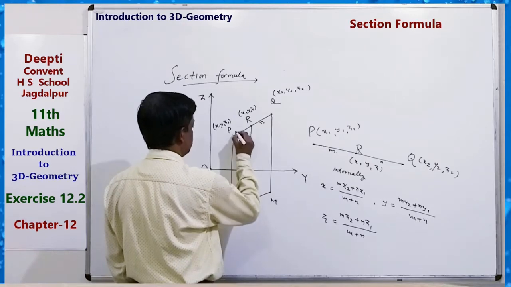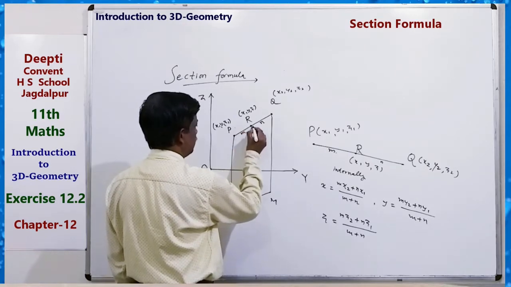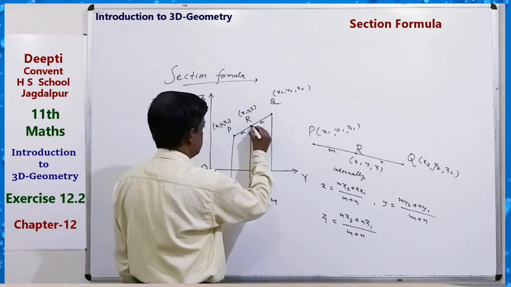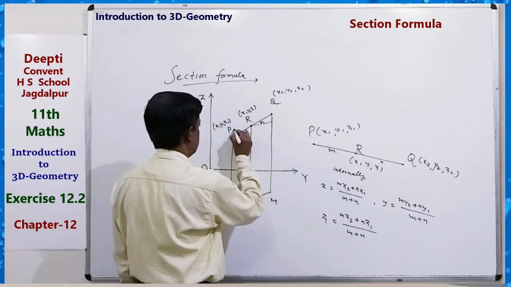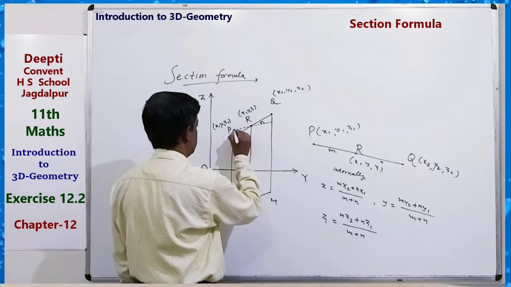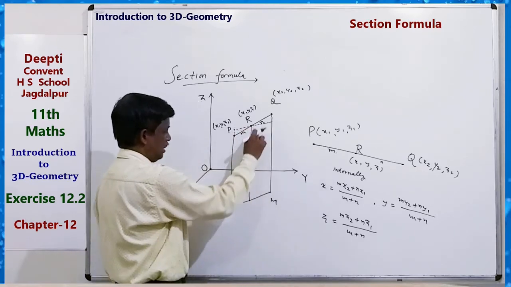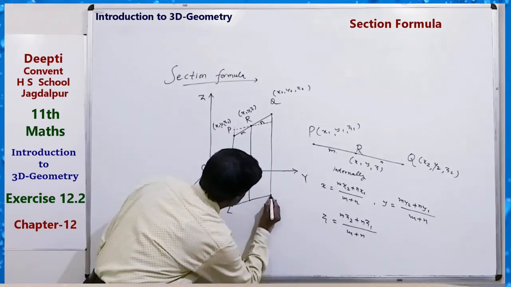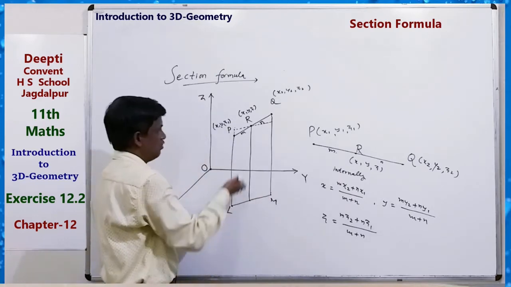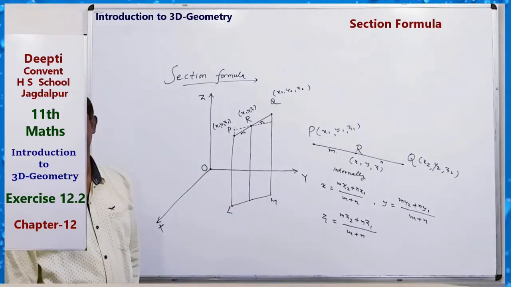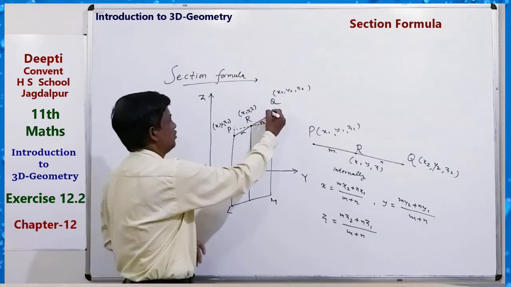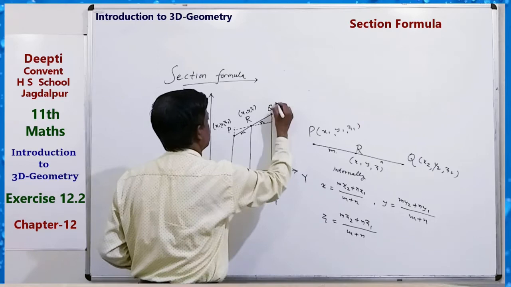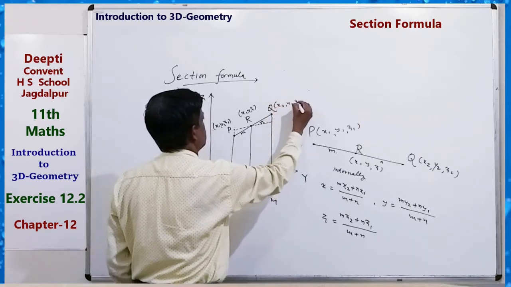Now draw parallel to LM, this line. This is PQ, with x2, y2, z2.